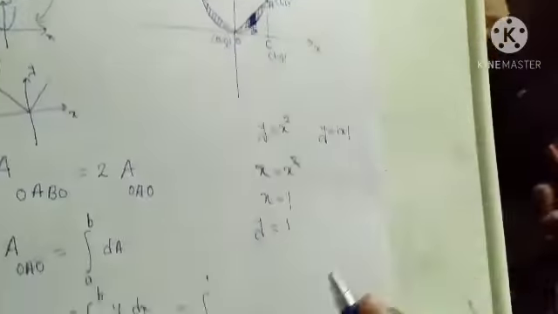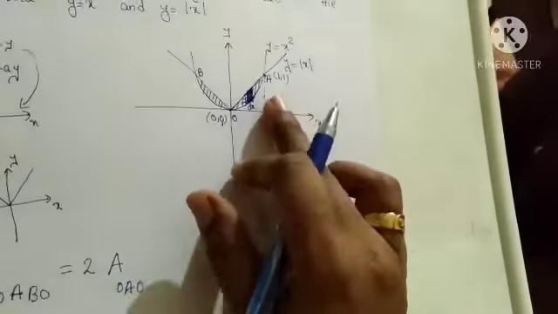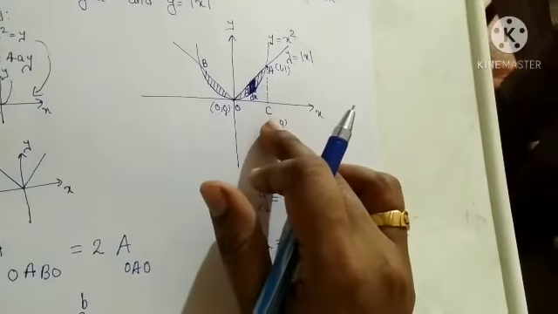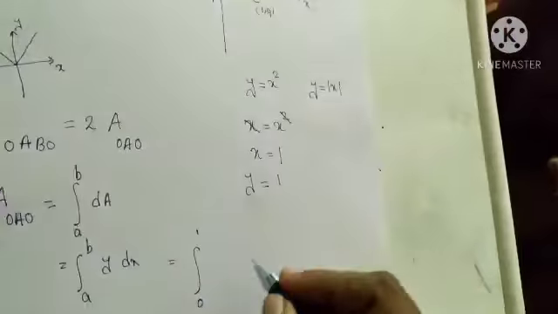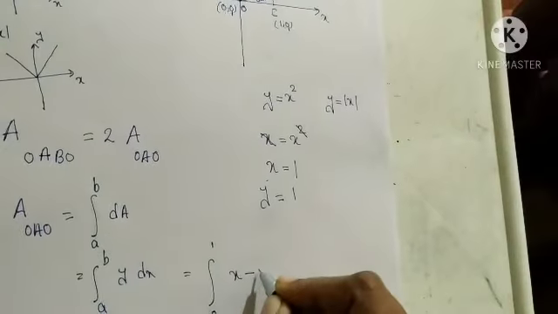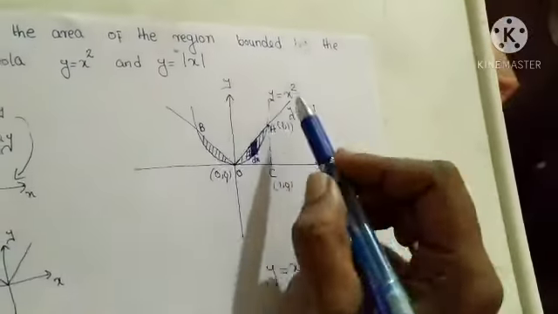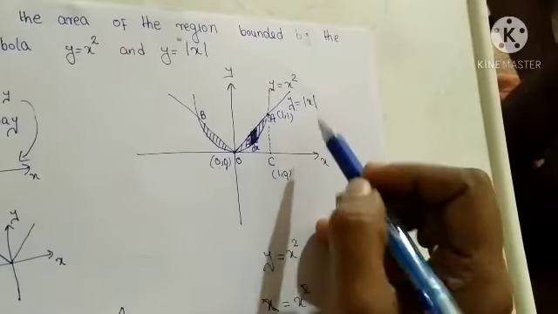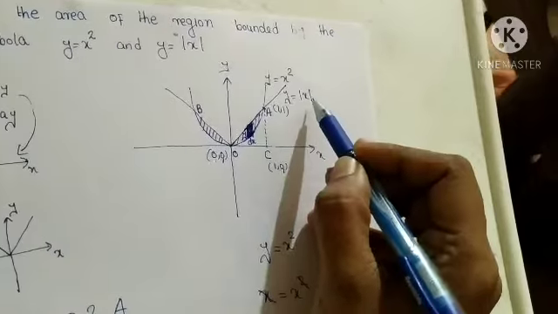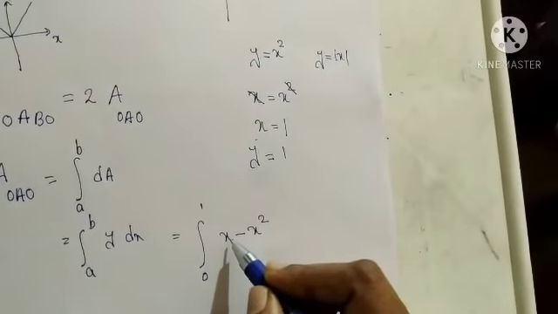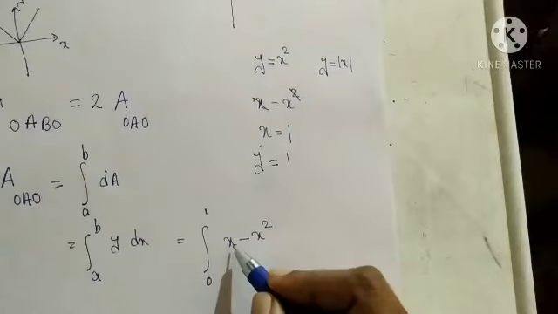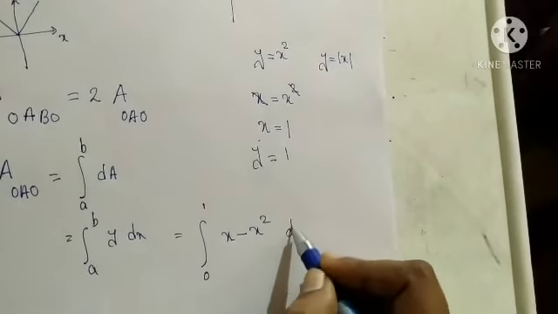So we get mod x minus x square, or x minus x square, because in the first quadrant the x value is positive, so I take the modulus value as positive x. So x minus x square dx.